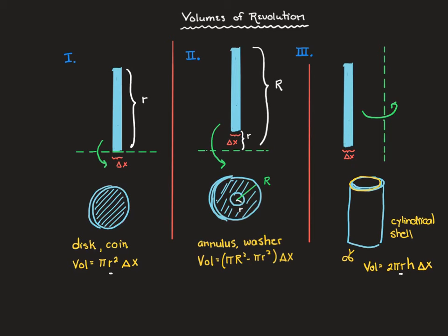R is the radius. Now, I'm going to draw that very deliberately right here. This is r. And h is the height of the rectangle. So that is h.